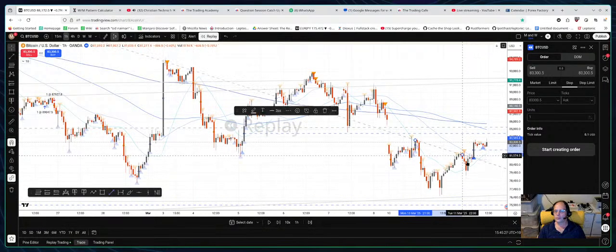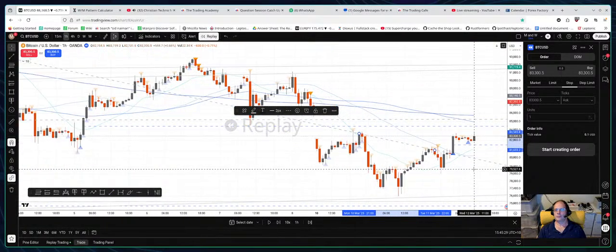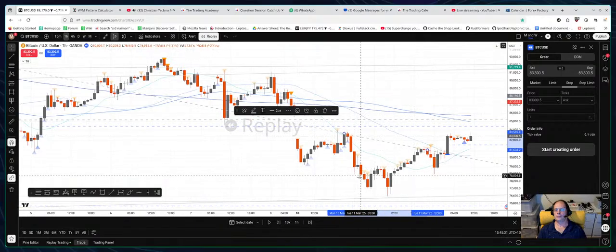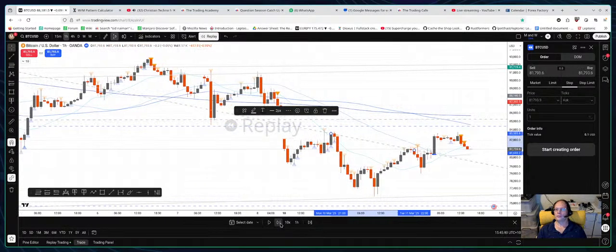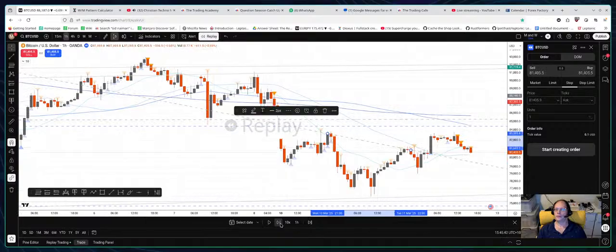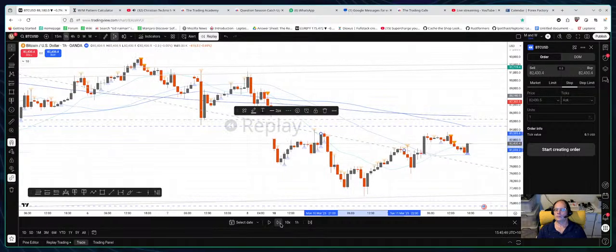Is that the neckline there? It hasn't been retested. That's the head, the shoulder, head, shoulder. I've got to wait for it to get close to the neckline at least. Okay, there was an entry candle. There's an up.